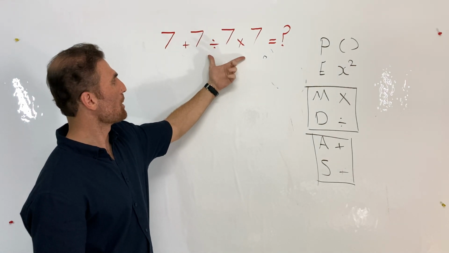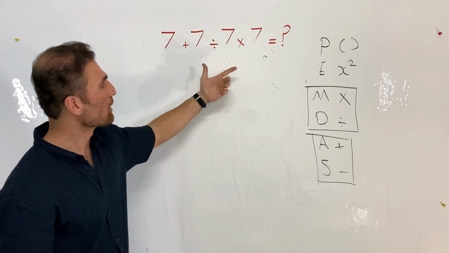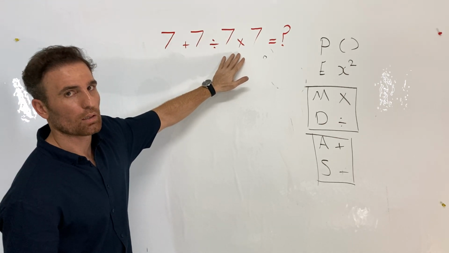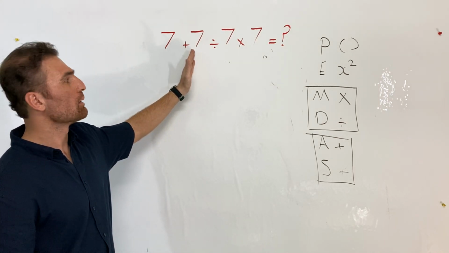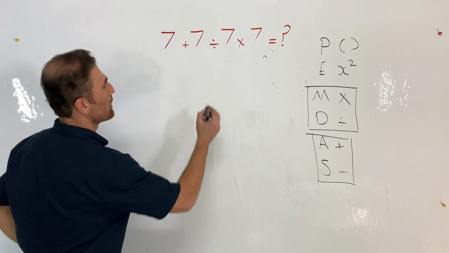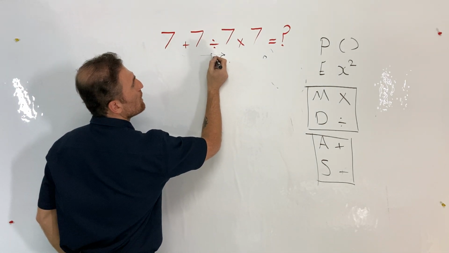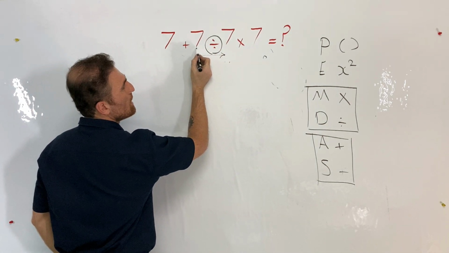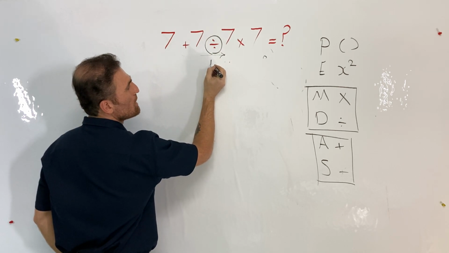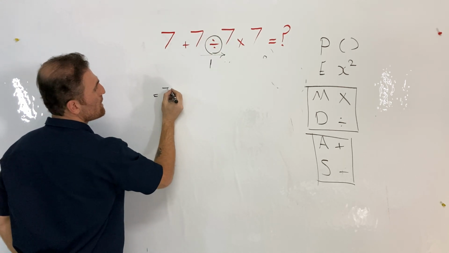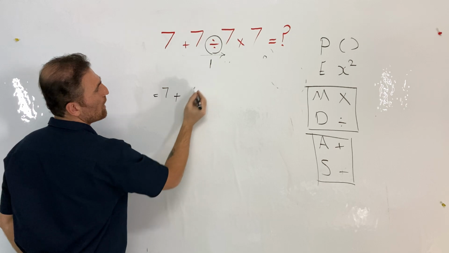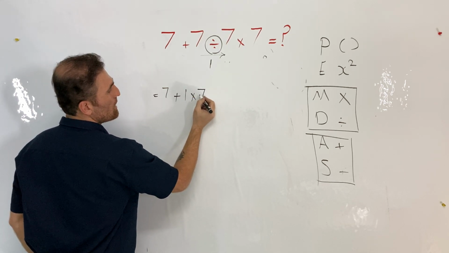As you know, both of them have the same place. But in this case, we need to start our work from the left, then continue to the right. So, first, we need to start with division. 7 divided by 7 equals 1. Let's rewrite it. It's going to be 7 plus 1 times 7.